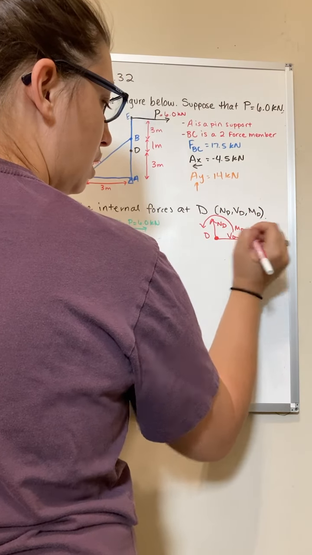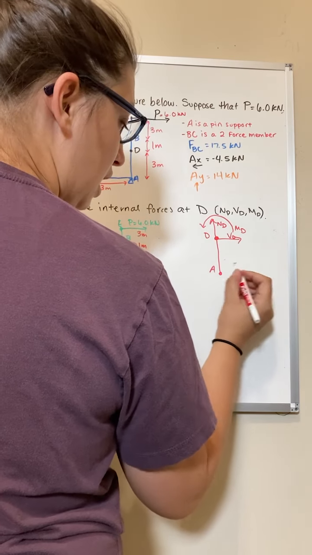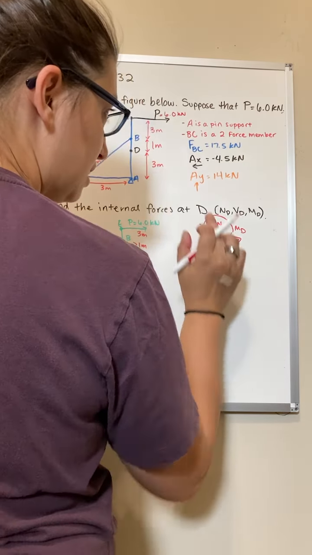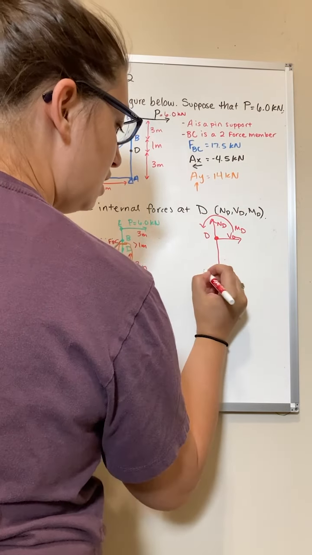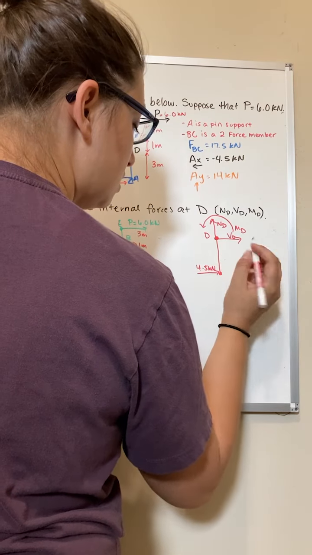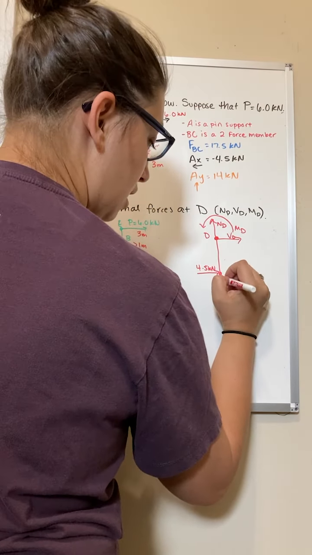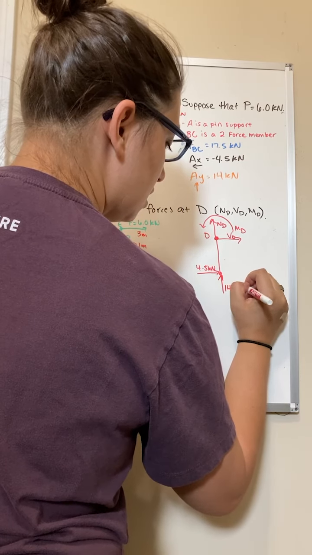And then coming down, we have A, and we know that Ax is negative going this way. So if we choose to show it this way, we're going to say this is 4.5 kilonewtons. And then this is going to be 14 kilonewtons, like that.